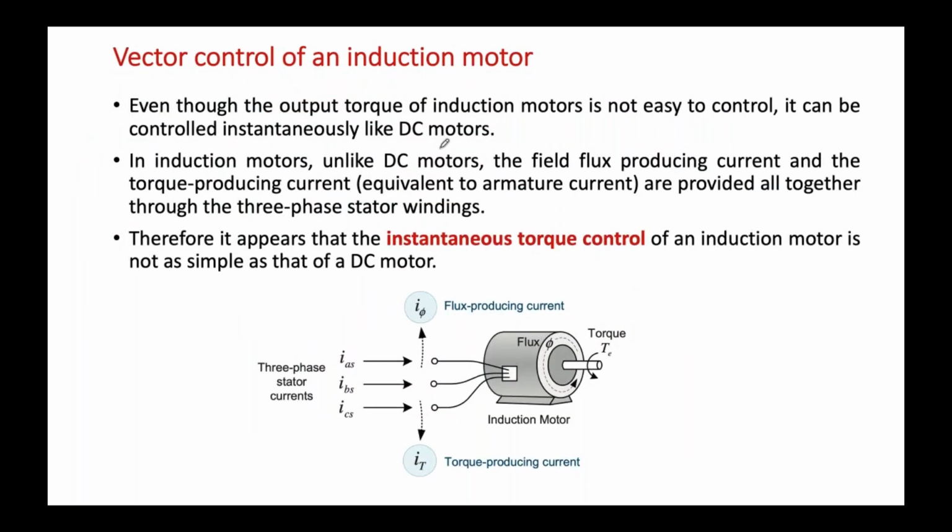Vector control of an induction machine. What is the main challenge of vector control? Why, before this field orientation method was proposed, were people not motivated towards AC machines? What are the challenges?